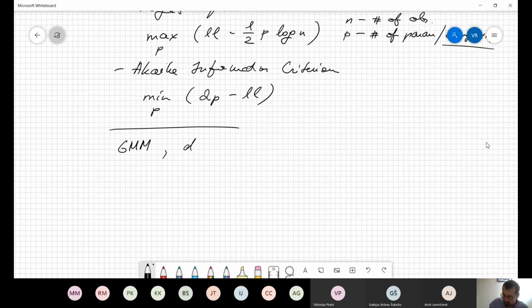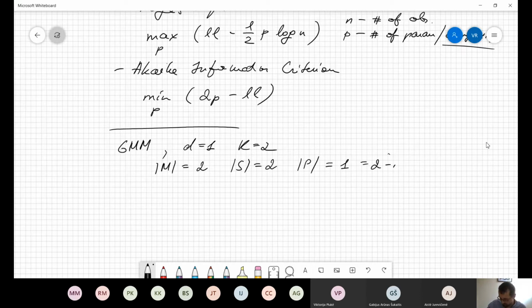Our example was D equals 1, in 1D space, and K equal to 2 clusters. So the number of means is 2, because we have 2 clusters, and the number of variances is 2. The number of priors is 1, because this is degrees of freedom, so it equals K minus 1.